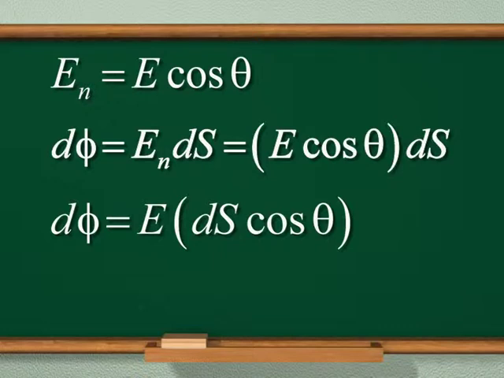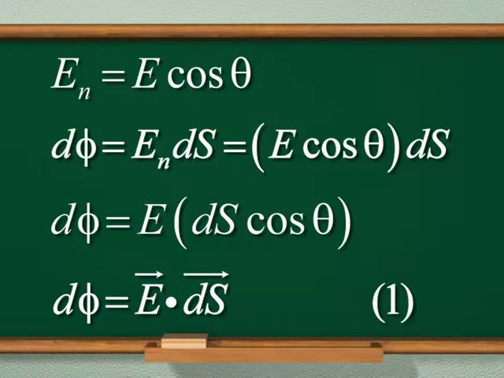The electric flux through area vector dS can be represented in vector notation as d phi equal to vector E dot vector dS. Let this be equation 1.